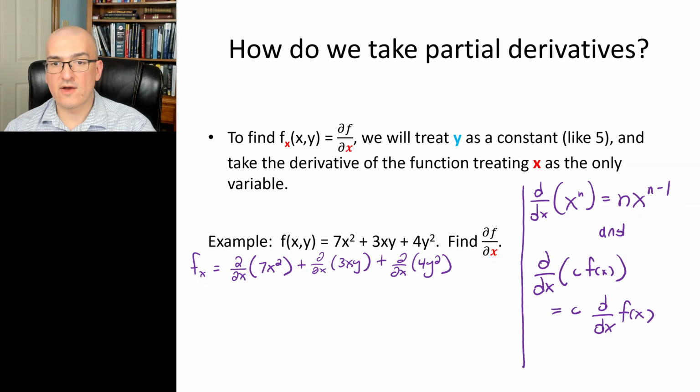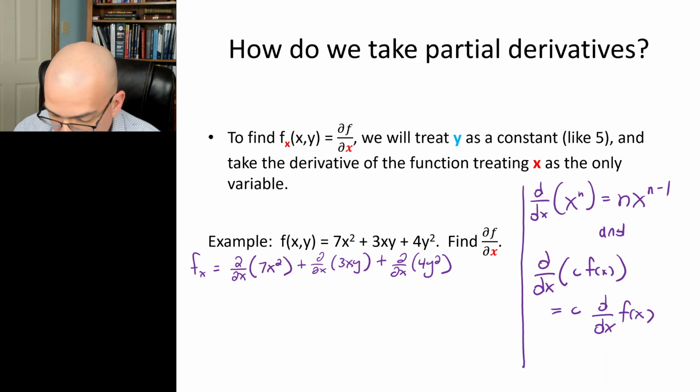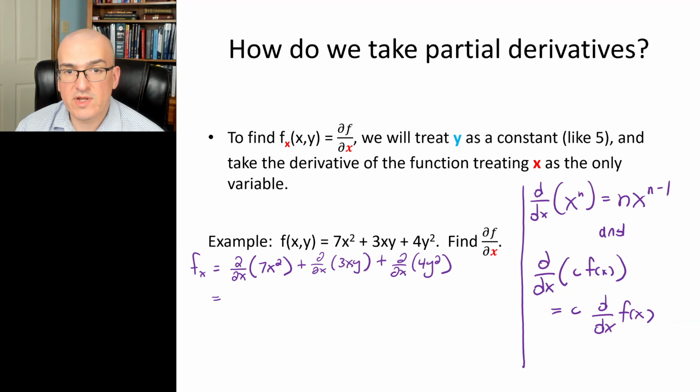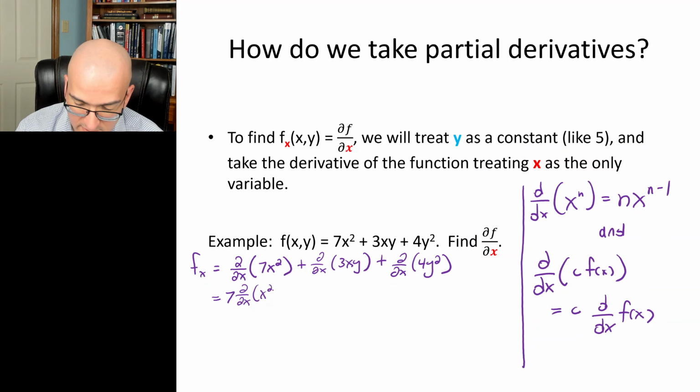Okay, now what we're going to do next is use the constant factoring rule, the second rule that's written off to the right hand side. We don't usually write this, but I'm going to do it. I'm going to take the 7 and put it out front. It's 7 times die by die x of x squared.